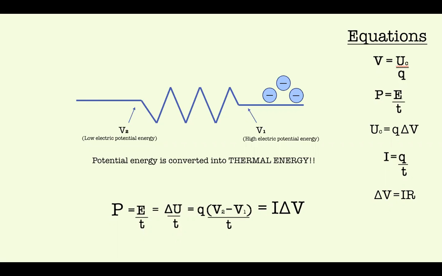Now let's do a practice problem so we can determine the power in a circuit due to a resistor. Let's say that we have a current which has 20 coulombs of charge flowing through a given area over a 2-second period of time. We also have a difference in potential energy of 5 volts.